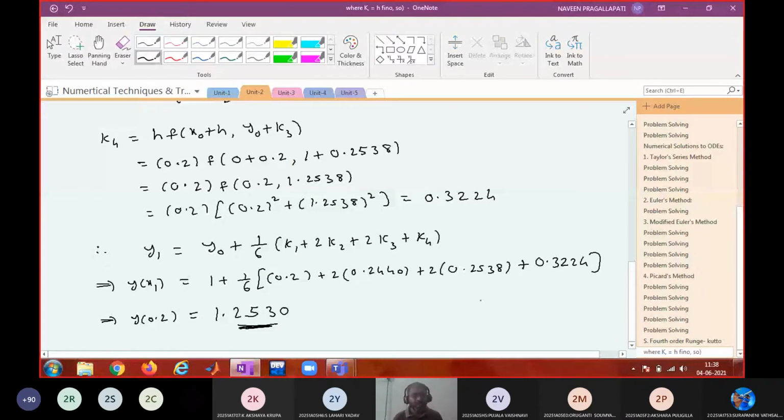So what you do is solve the same problem by taking h equal to 0.1. That means you will be finding y1 first, and using y1 you will be finding y2. y1 is y of 0.1 and y2 is y of 0.2.